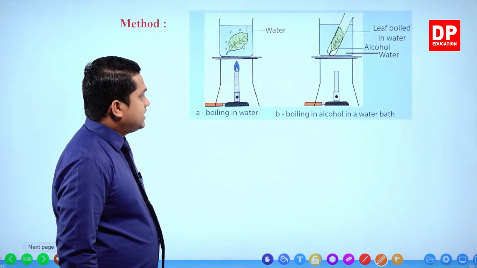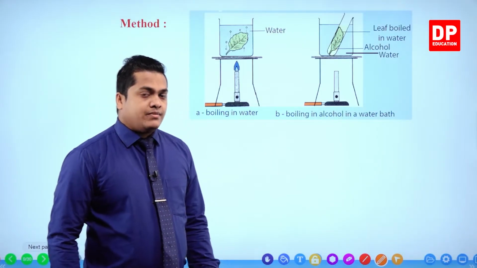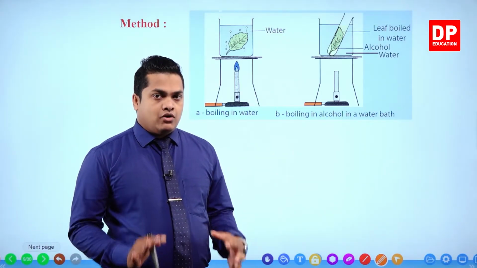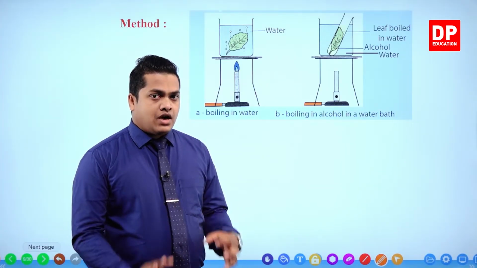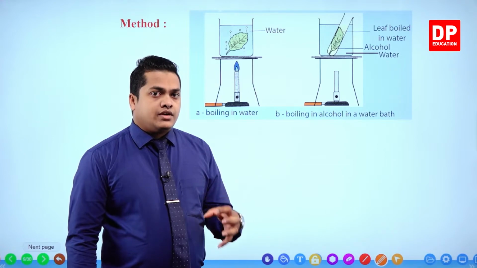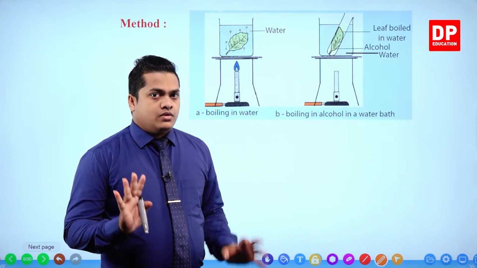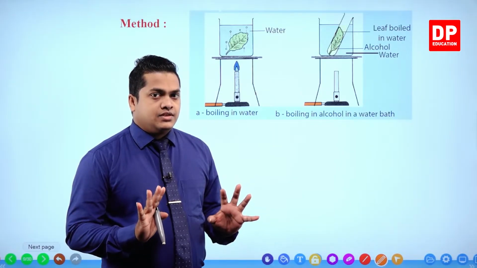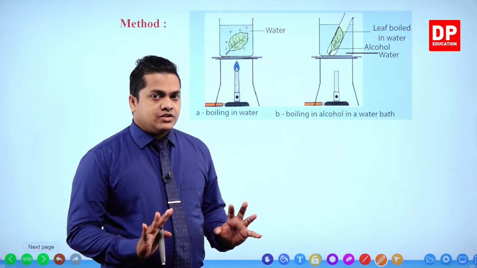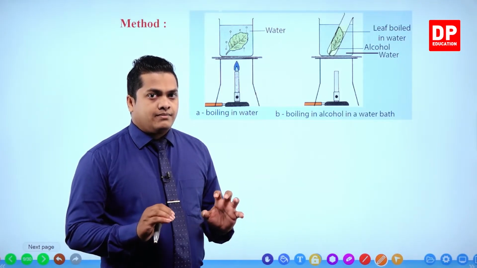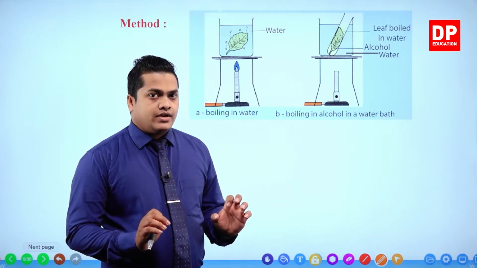Right, so these are the two main methods. Now I am going to explain, my dear children, how to prepare this plant leaf for the test of starch. Listen very carefully and get the knowledge on preparing a plant leaf for the starch test, right?